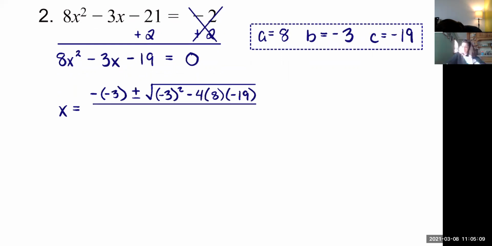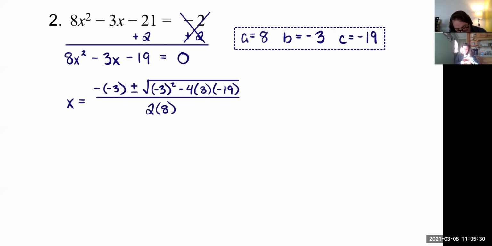This entire thing over 2 times A, which is 8. So again, there's half the credit simply by dropping them in to the appropriate locations. To get the other half of the credit, you got to see this thing through.